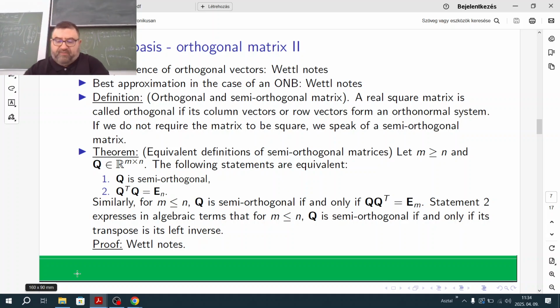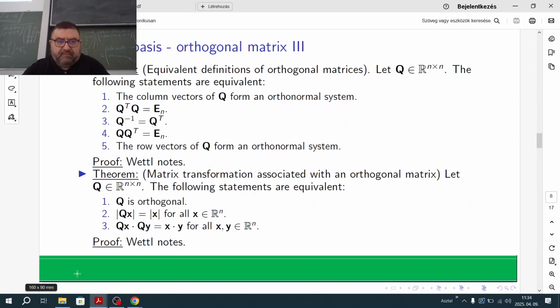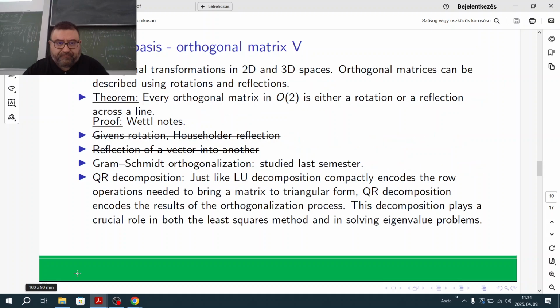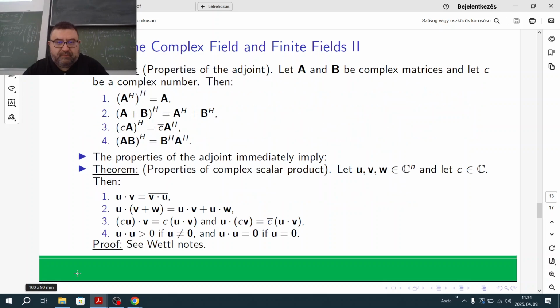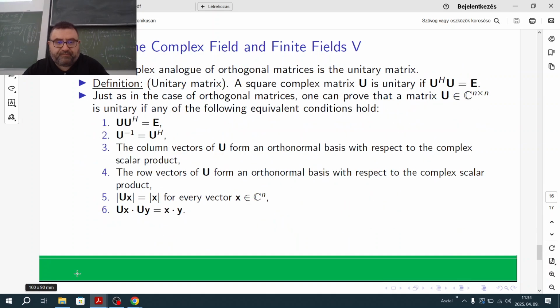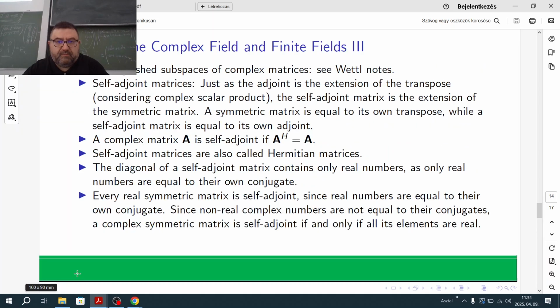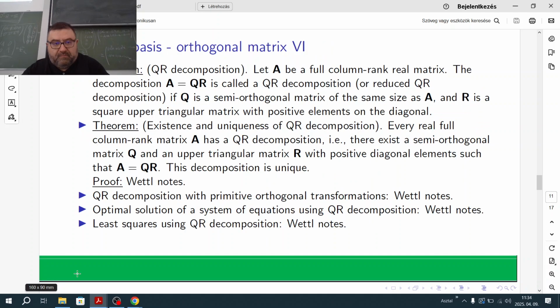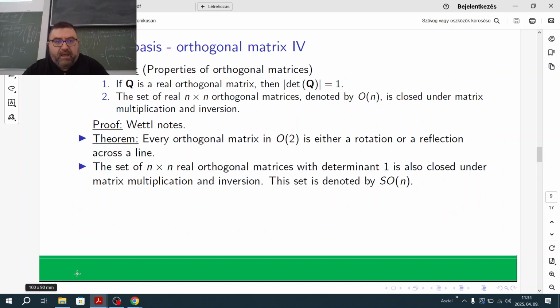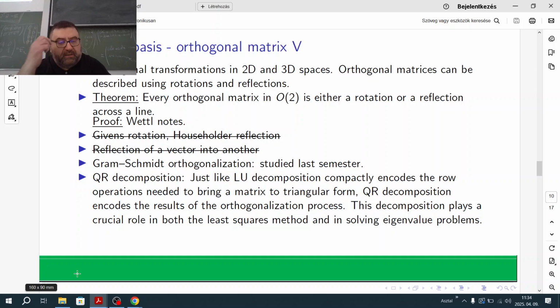So we went through the orthogonal matrices. Okay, so we reached these orthogonal matrices.